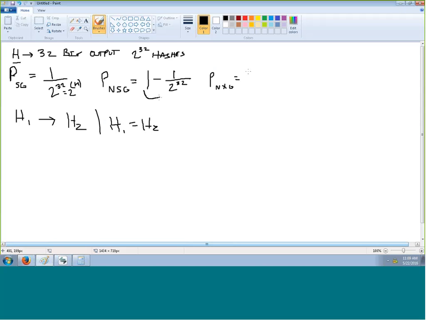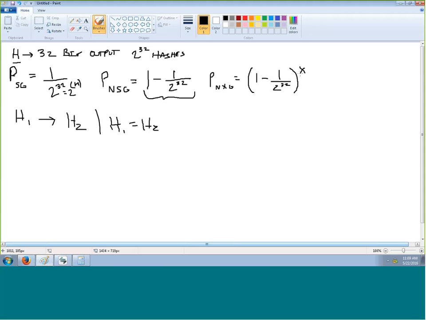So if our probability remains this, since we don't reduce our set size each time, we're pretty much looking at 1 minus 1 over 2 to the 32nd, to the x, right, where x is our number of tries. That should make sense to us.